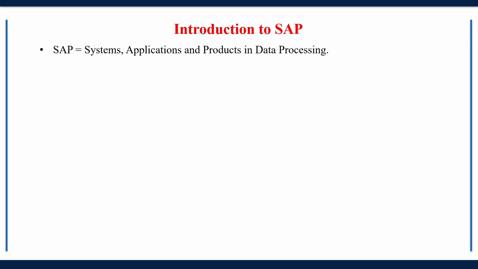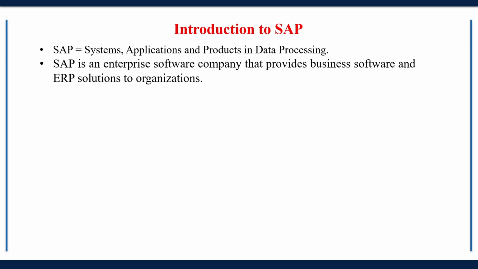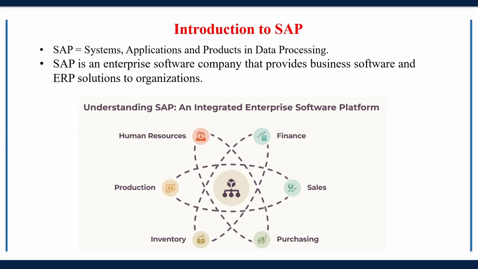SAP is a company that provides ERP software and many other enterprise solutions. Now we will get an idea about this. This is an ERP, and these are all the departments: finance, sales, purchasing, inventory, production, human resources.